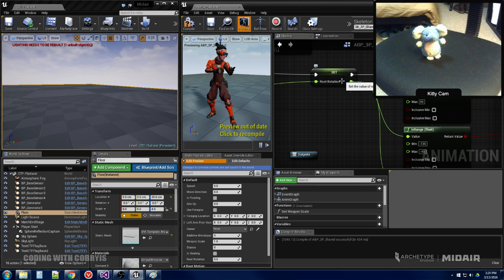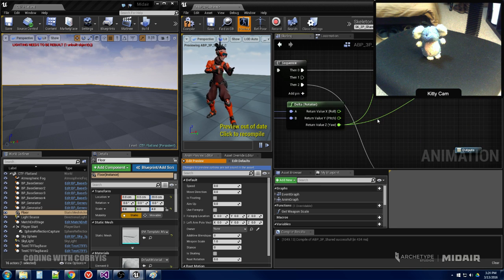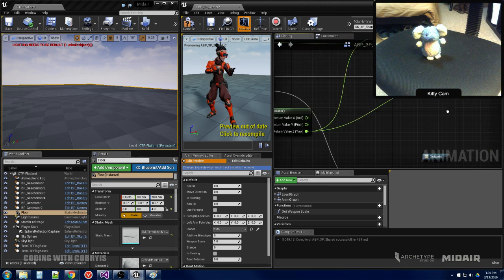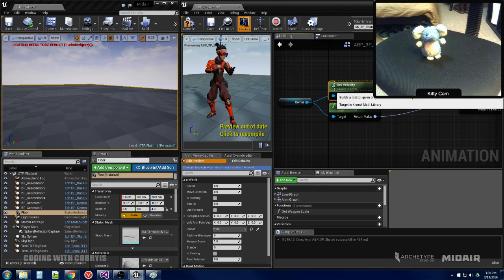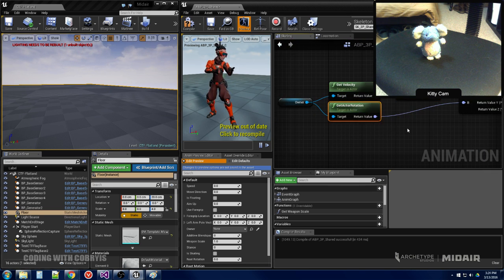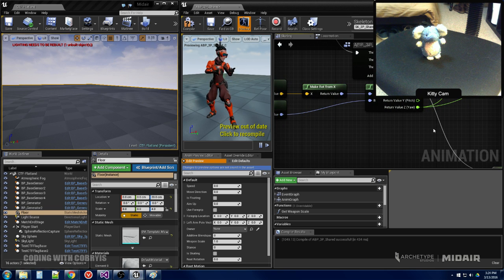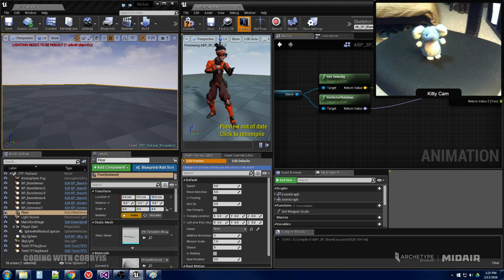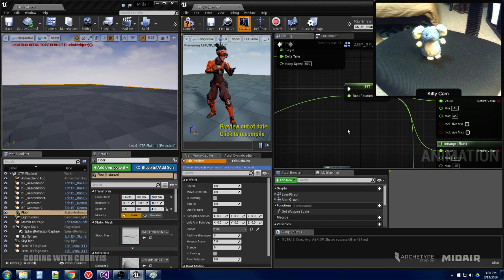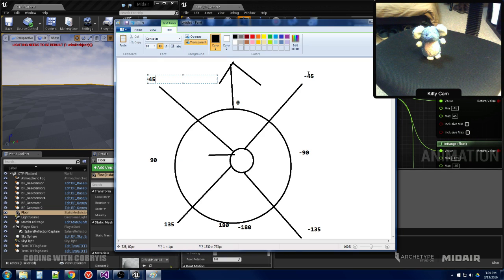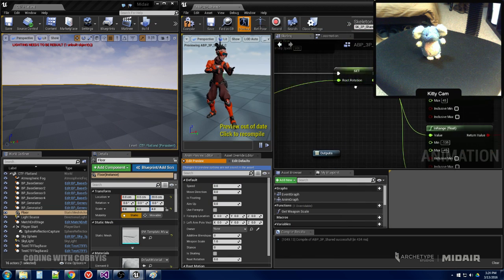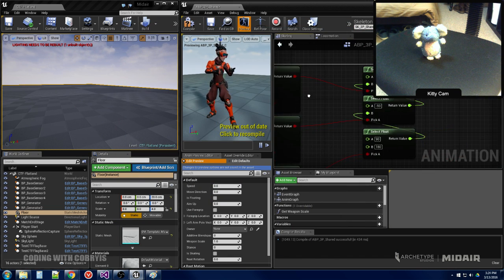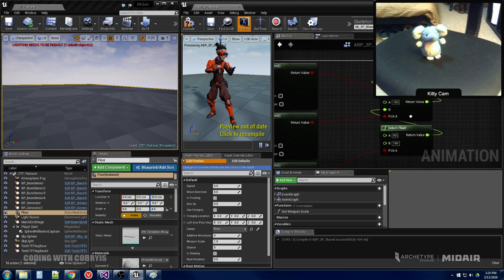Whatever our rotation is relative to our velocity, which we got from getting our velocity, making a rotation from it, and getting our actor's rotation, which is the collision capsule. We did the difference between them, and we get these angles based on where we're facing. We will then try to select a float.